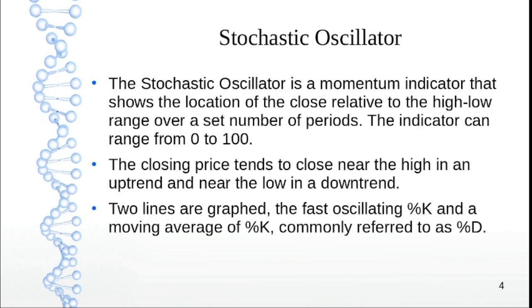Next is the stochastic oscillator or stochastic indicator. What stochastic does is filter out the noise. Between your stop loss and target there are many candles which go up and down.